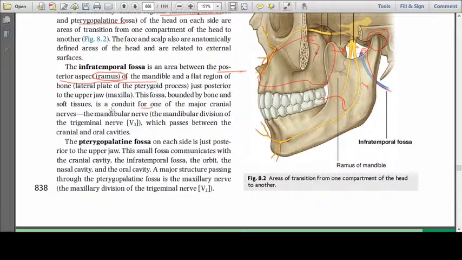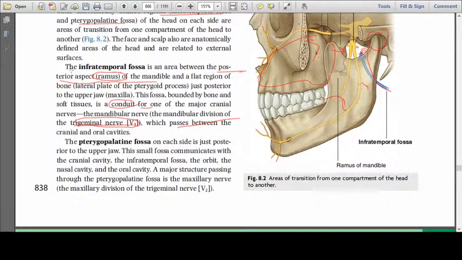This fossa is bounded by bone and soft tissues, and it is a conduit for one of the major cranial nerves, meaning just a way for it to pass. That is the mandibular nerve, the mandibular division of the trigeminal nerve. I thought it was the facial nerve, but it's actually a division of the trigeminal nerve, which passes between the cranial and the oral cavity.